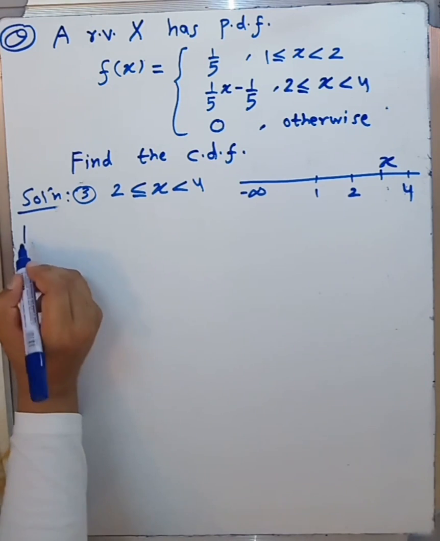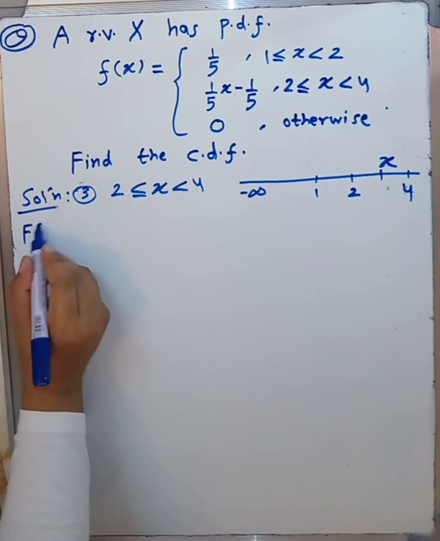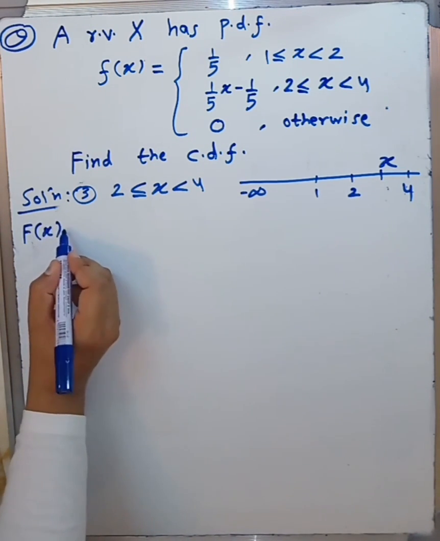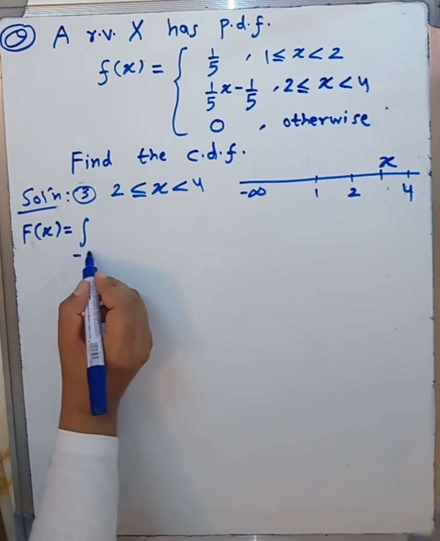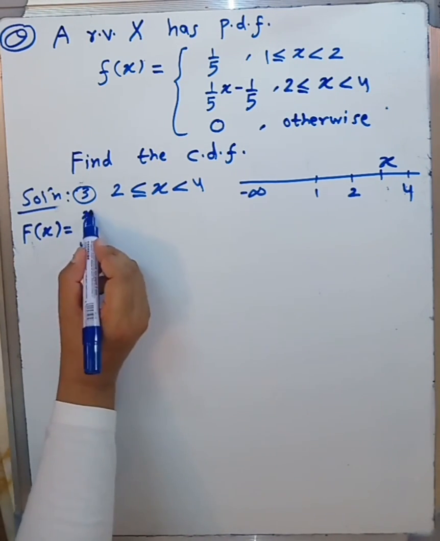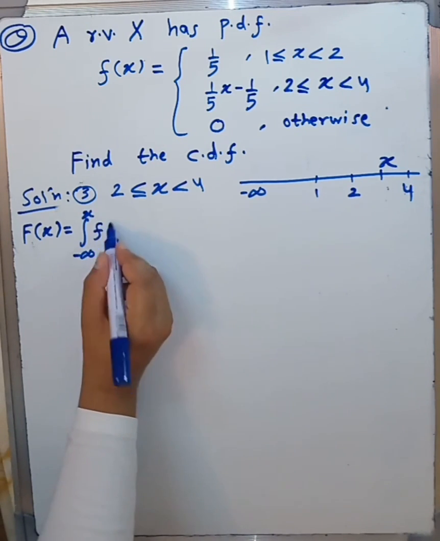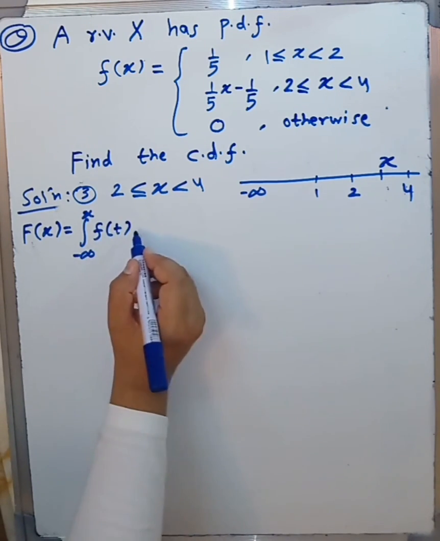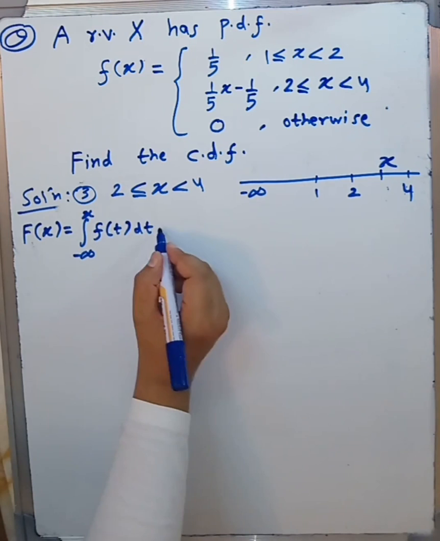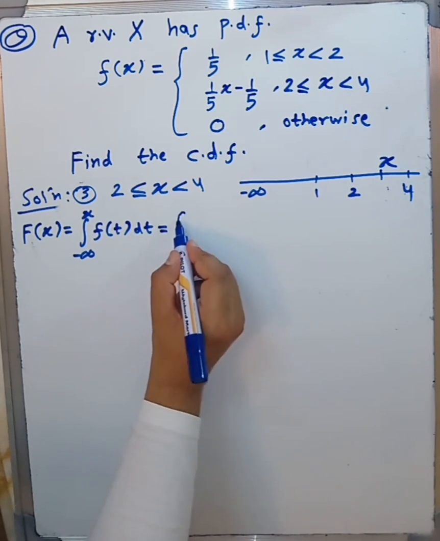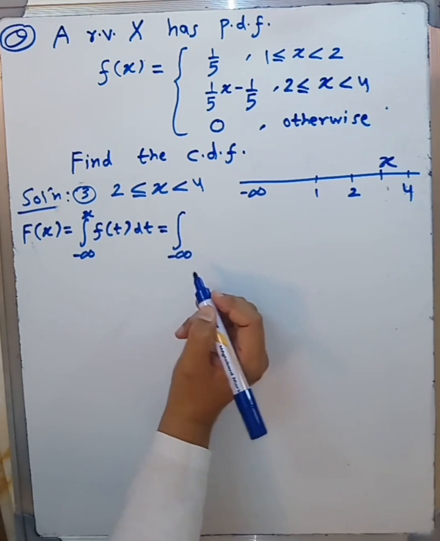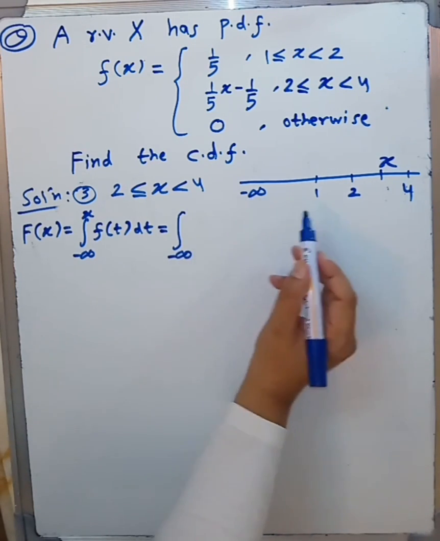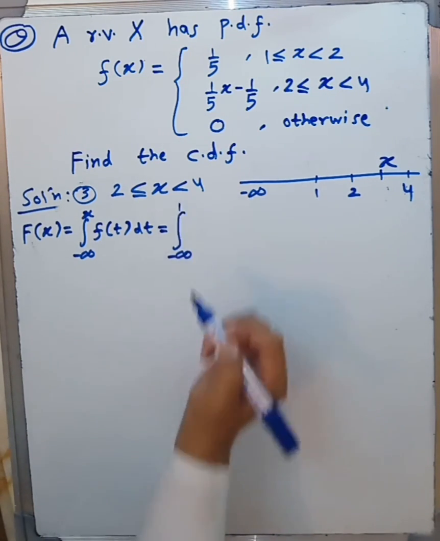Now let us find the CDF F(x). By definition, this is the integral from minus infinity to x of f(t) dt. Now this integral I will break from minus infinity to 1.